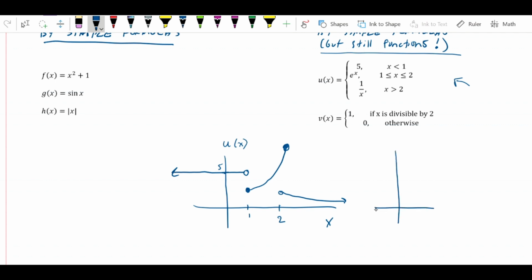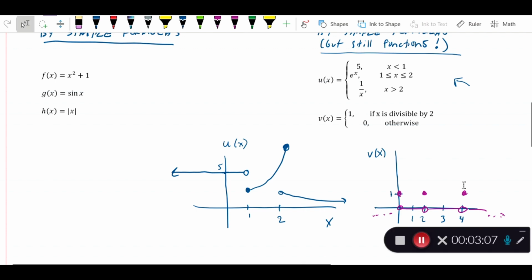If I graph v of x, what we can see with v of x is that it's a rule that just assigns the value 1 to every even integer and 0 to every other number.